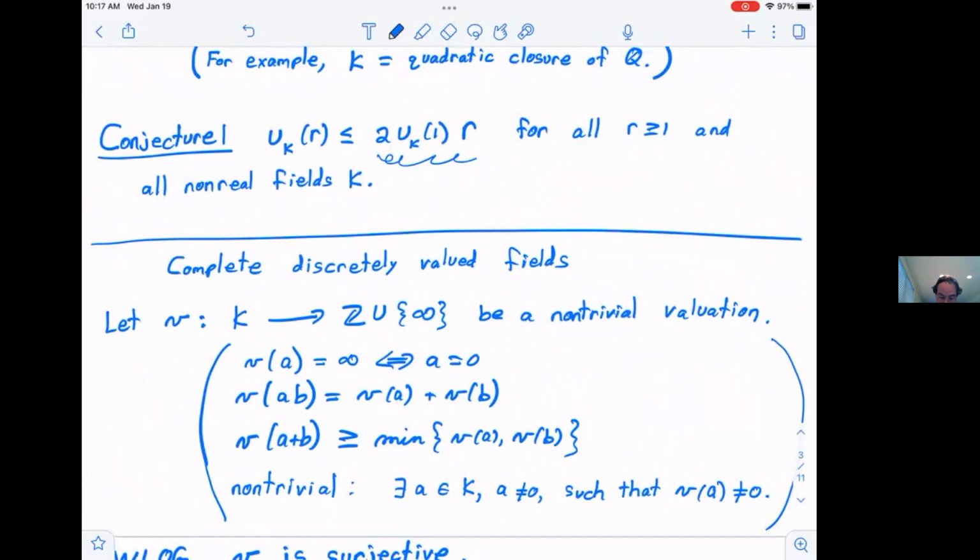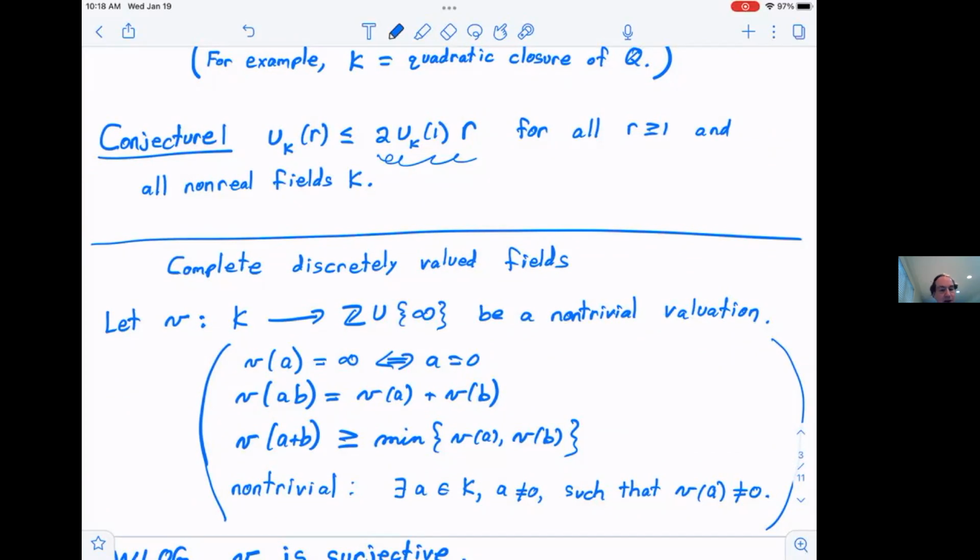Suppose K is a field and V is a valuation. And suppose it's a non-trivial valuation, and I've just briefly recalled the definition of valuation. Those are the first 3 properties. And to be a non-trivial valuation means there exists an element A in K, different from 0, such that V of A doesn't equal 0.